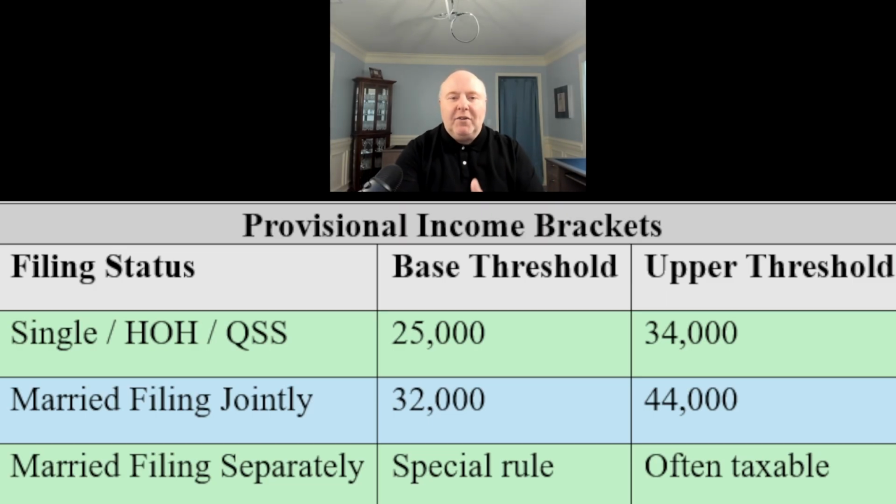But what happens is your other income will eventually make your Social Security taxable. And it can be taxable up to 50% or up to 85%. And we're going to look at that here in just a moment. Now we're taking 50% of our Social Security, right?